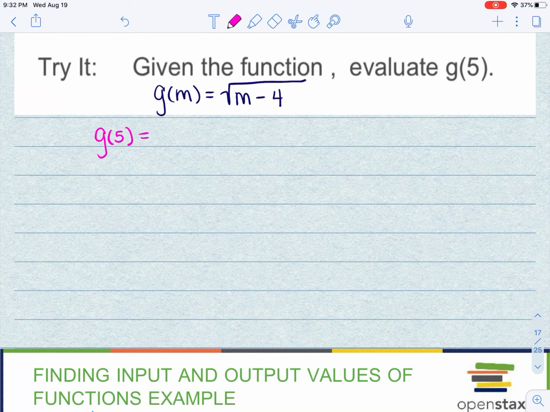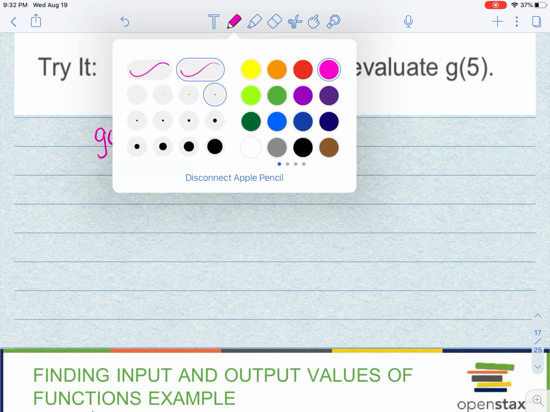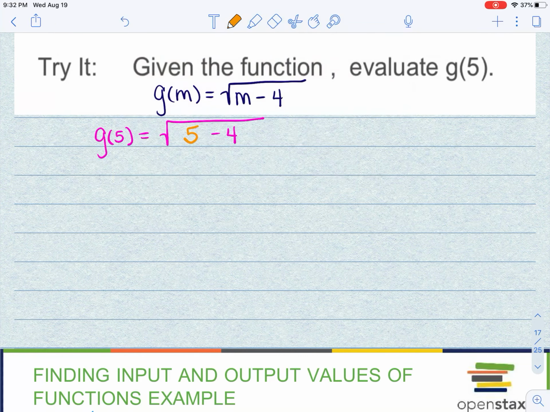We're trying to do g at 5, the square root of m minus 4, and instead of m, we are replacing that with 5. So g of 5 is equal to the square root of 5 minus 4, which is 1. And then the square root of 1 is 1.